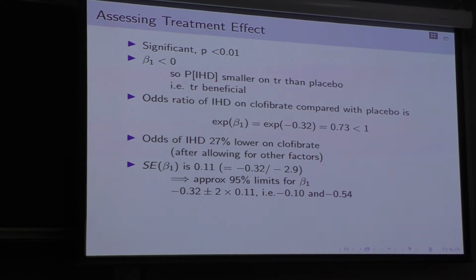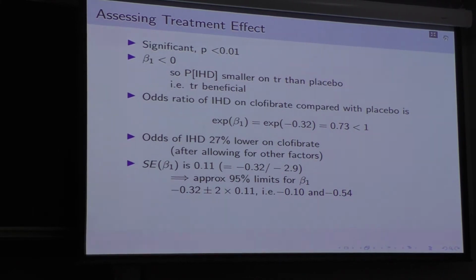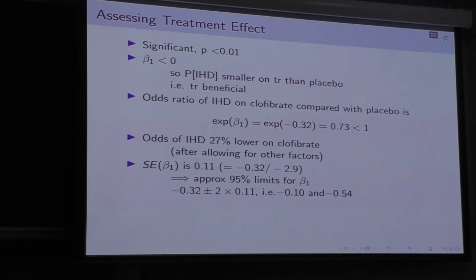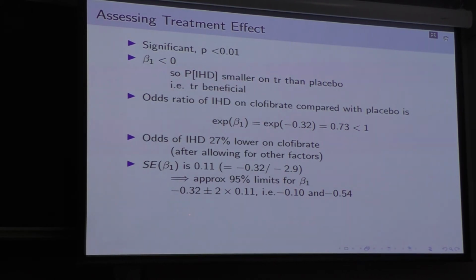You may well be given it in the R output. I've forgotten what R gives you. Different packages give you different things, but if you can work out the standard error for beta 1, then we get an approximate 95% confidence interval by estimate plus or minus 1.96 or 2, really doesn't matter, everything's a bit approximate, times that standard error. So that tells us this is a confidence interval for beta 1.